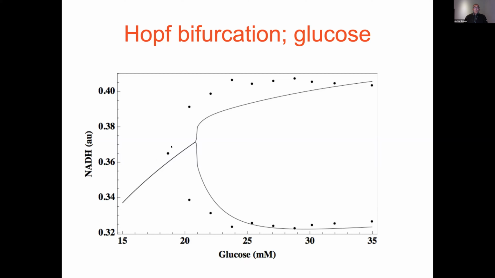But then you see that the amplitude grows quickly if you move through the Hopf bifurcation, from the steady state to the right. And here is the bifurcation plot of the model, where you see it's, I would say, fairly close to the Hopf bifurcation that is measured experimentally, given that the model doesn't know about the data, right? It's a prediction.